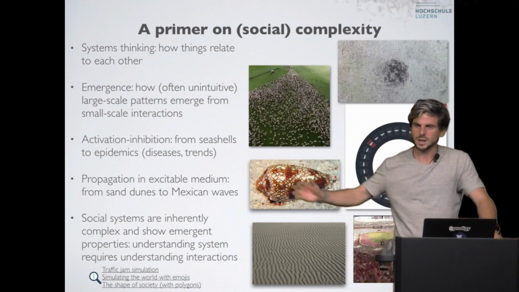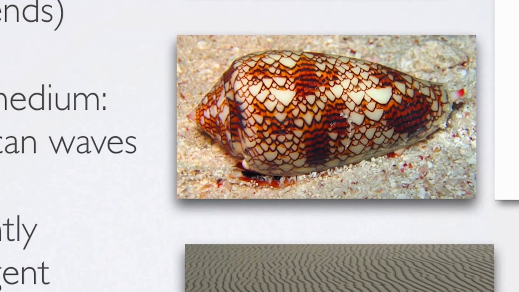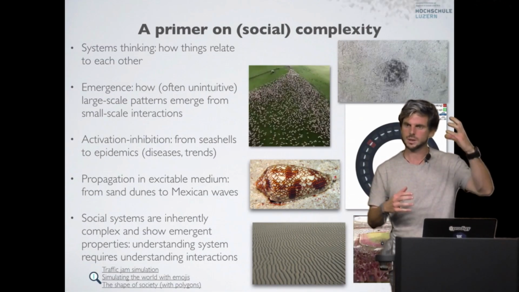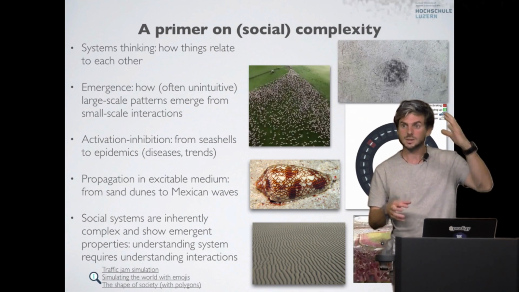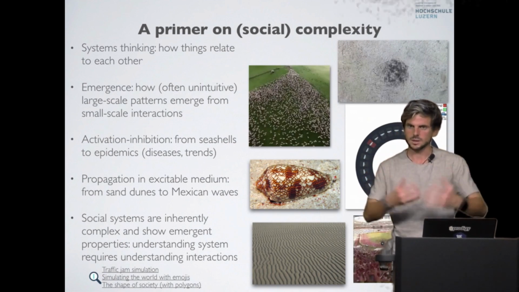You see here a seashell, and what you can see is that the patterns on the shell are very irregular. In fact, they're strangely interesting, and I always found this fascinating. They are formed by a mechanism called activation inhibition, the release of a given pigment that is reinforced by itself and essentially disables itself and it starts again. And this is as the shell is formed.